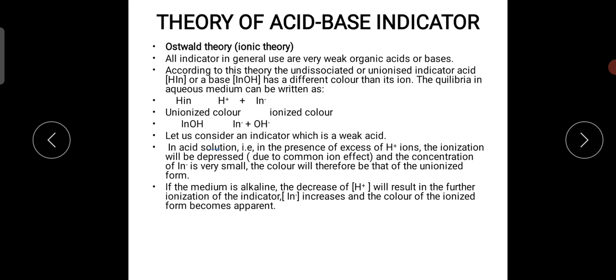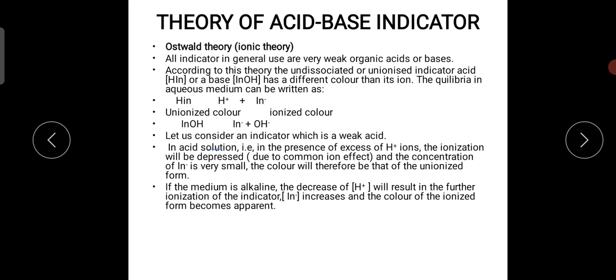In acid solution, the H positive concentration will be very high, so the ionization decreases. When ionization decreases, the concentration of indicator ion will be small, so the color will also be less in acidic medium.